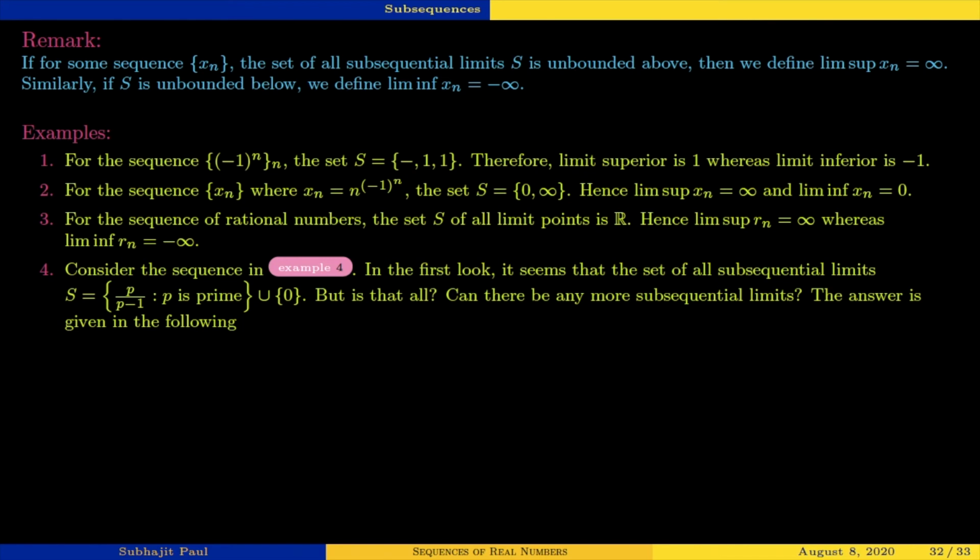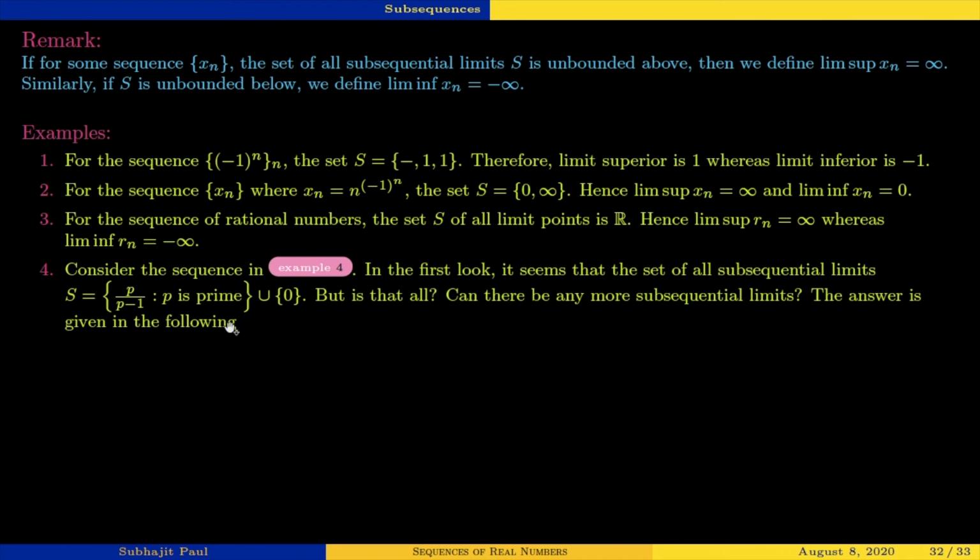It is not that easy to find quickly what the limit points should be, so you need to pay close attention to those things. So there, the set of all subsequential limits is this one.